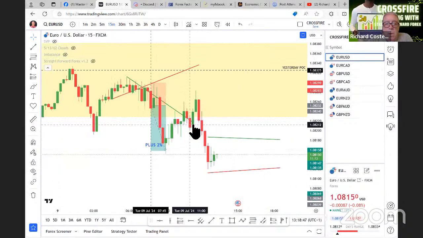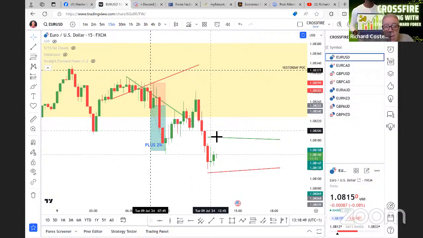So we need to find the 1 o'clock candle. It's that one there. So we're going to position these two trend lines accurately.